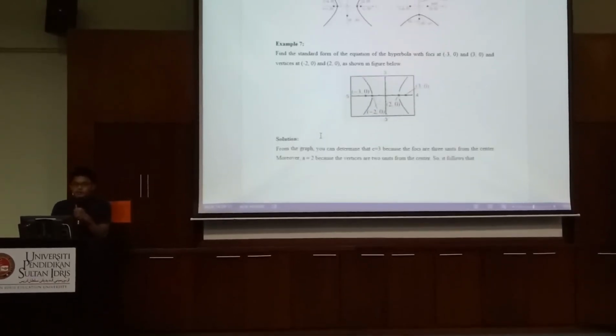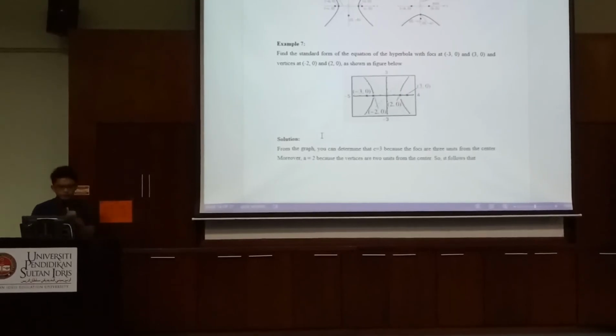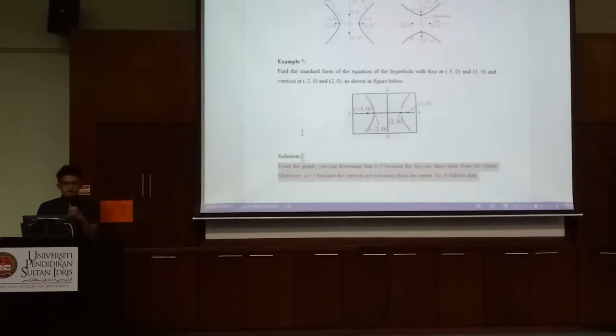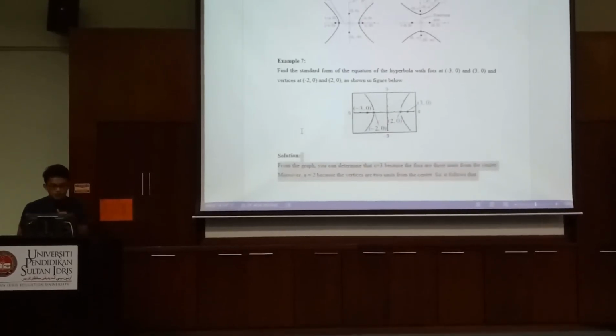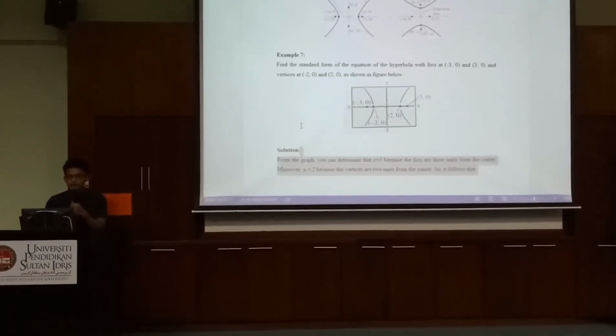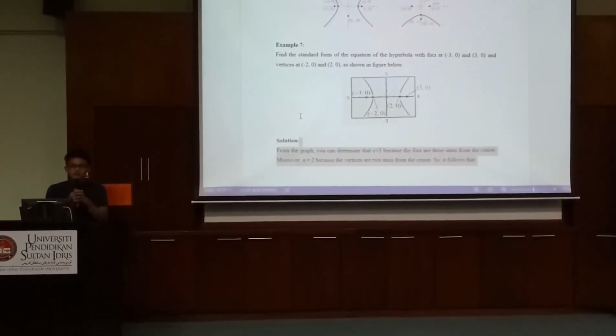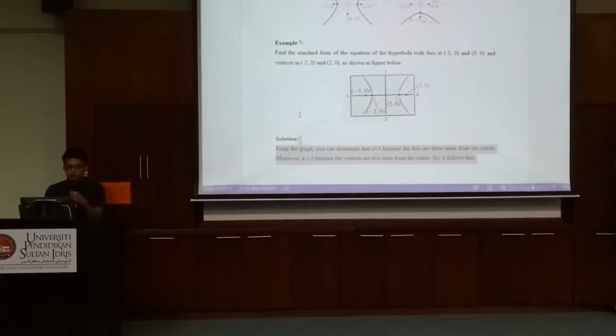Okay, for example, for hyperbola, example 7, find the standard form of the equation of the hyperbola with foci at (-3, 0) and (3, 0) and vertices at (-2, 0) and (2, 0) as shown in the figure below.